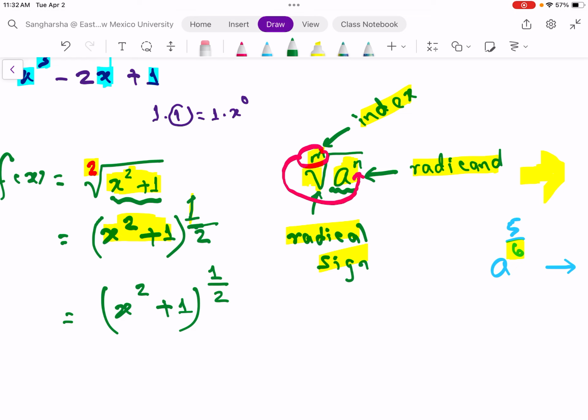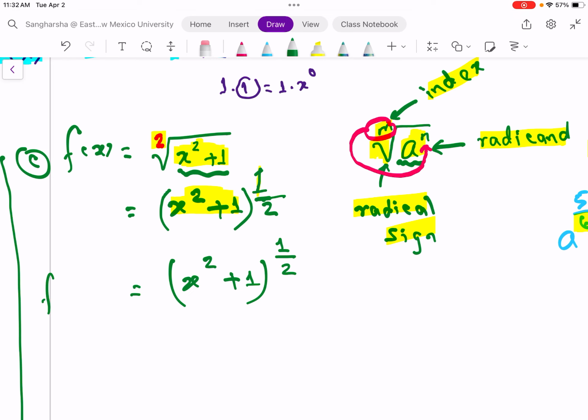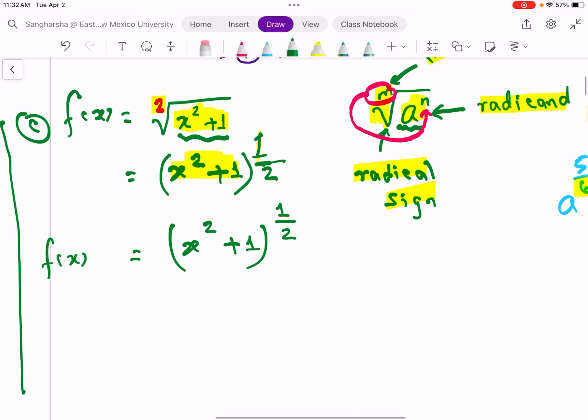So you are dividing the exponent of the radicand by the index. Now this is the function we have here. Is this function a polynomial or not? Our exponent is a fraction, right? So this is not a polynomial.